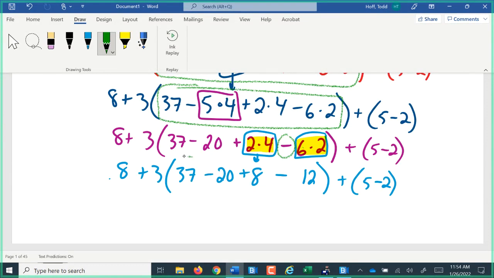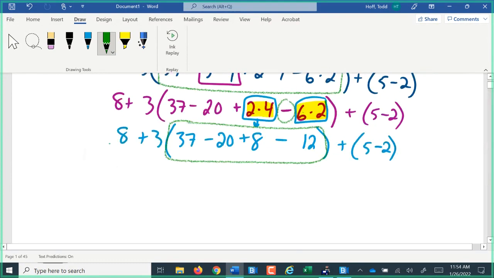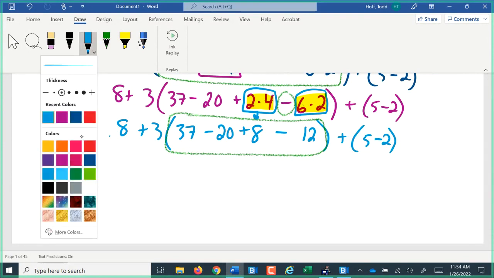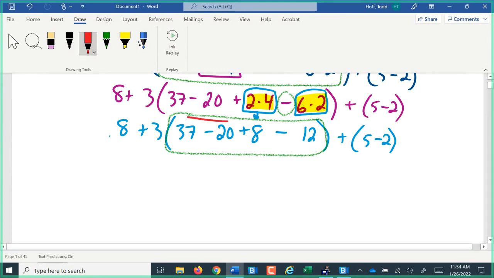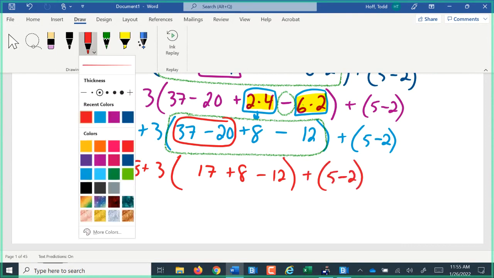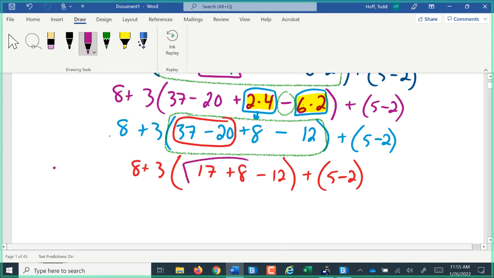So still looking inside this set of parentheses, we're down to addition and subtraction. Now addition and subtraction pretty much does have to stay left to right. There aren't really many shortcuts here. 37 minus 20 is 17. 17 plus 8, 25.